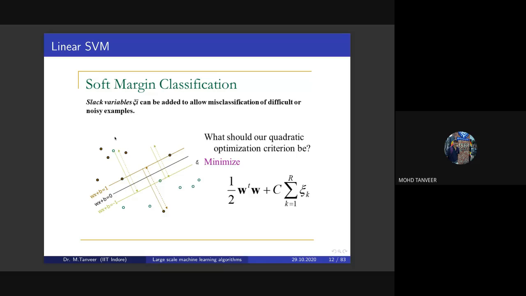These are the misclassification error terms, called slack variables. Any question?